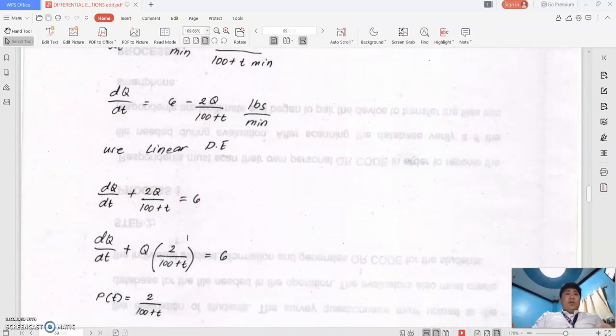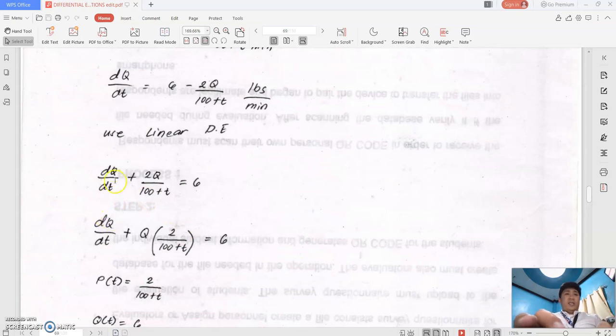After that, you could say that this is linear in Q. With regards to any variable you have, either x or y, as long as you have a variable and the derivative of that variable, you can still use a linear differential equation. Whatever the variable, a, b, c until z, it works.